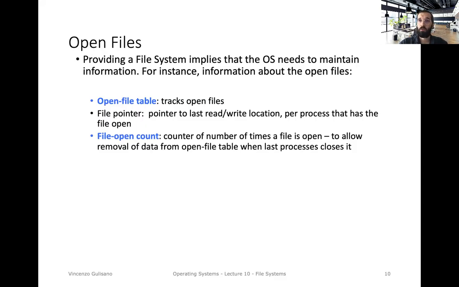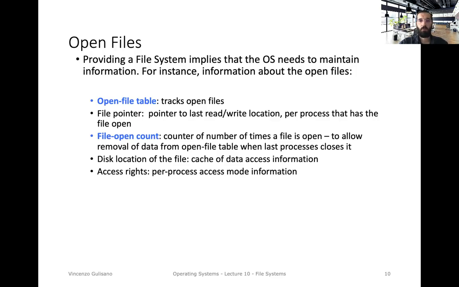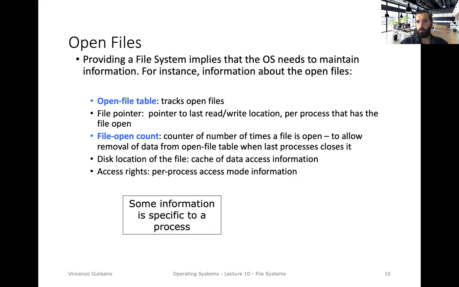But if one of the processes closes the file, it doesn't mean that the file should be removed from memory. There could be other processes that are still reading the file, and this is why the operating system has also a count for each file. It keeps the location on the disk. This is clear, the access rights, and several other things we will see now during the lecture.